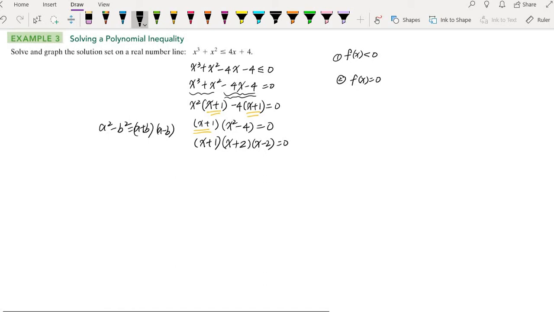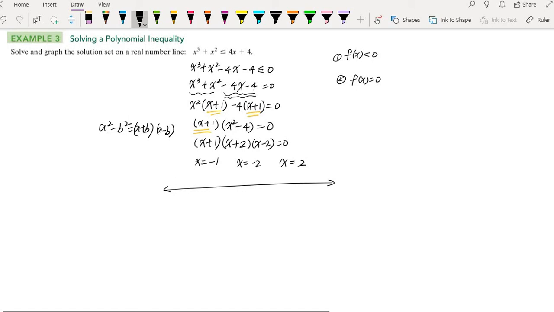Once we have this, we can just solve each piece. For the first one, we get -1, then we have -2, and we have 2. Those are my boundary points. I'm going to put them on the number line. So now we have -1, -2, 2 as my boundary points.